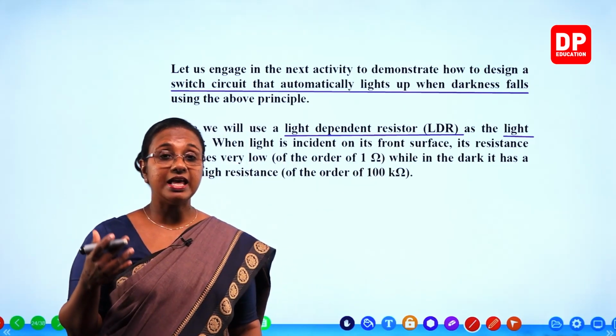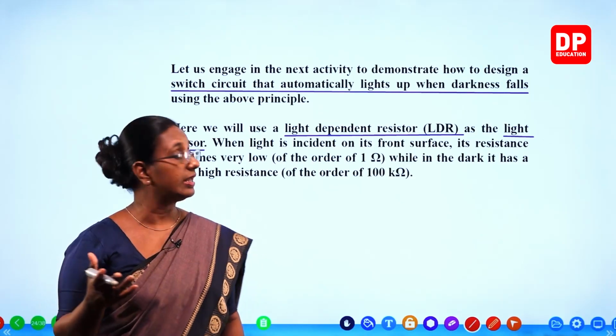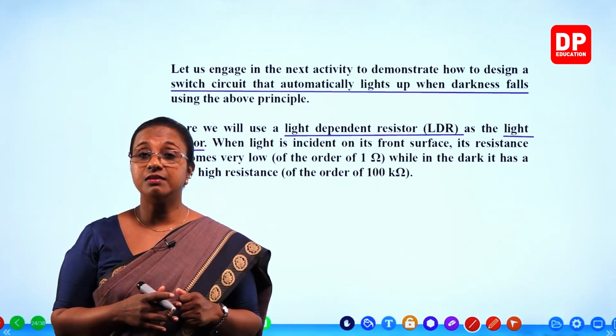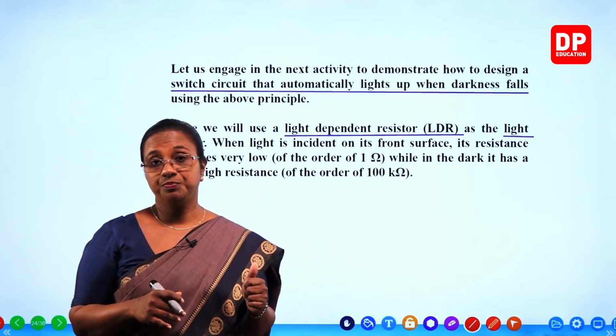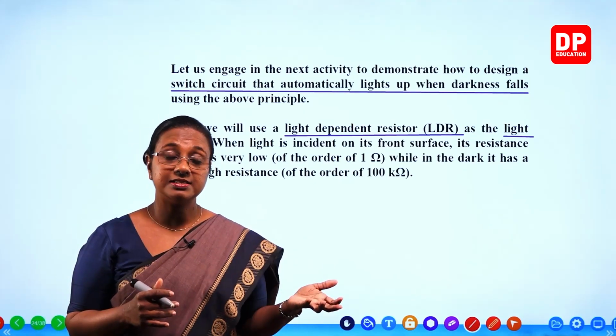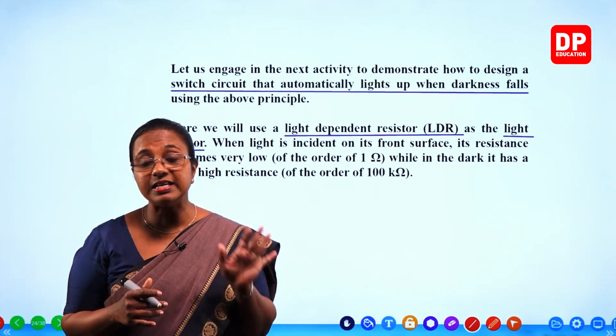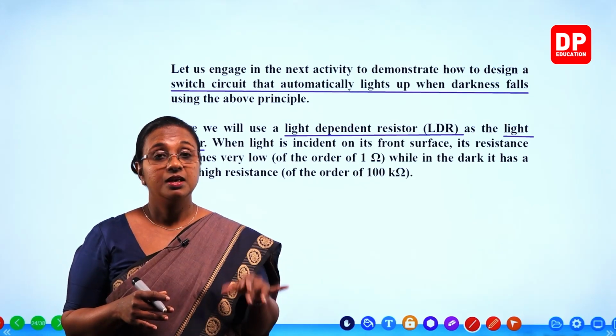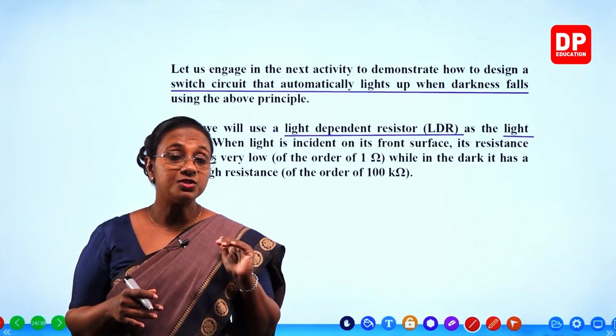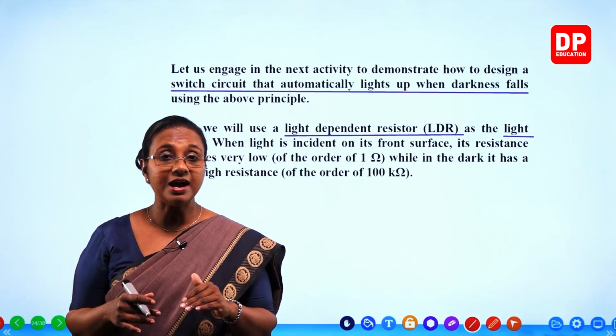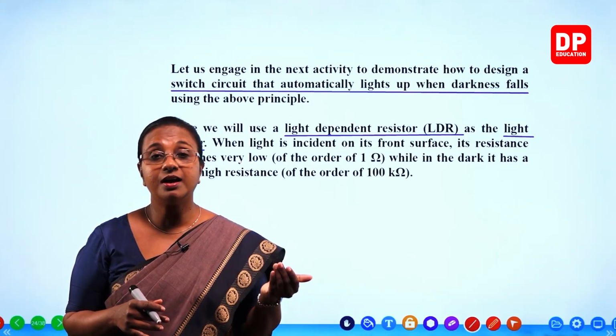Now, we have seen and used and you know about LDRs, light dependent resistors. They have very high resistance when there is no light incident on them. In the dark, when there is no light incident on the LDR, the resistance is very high.